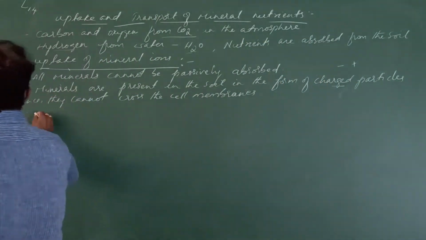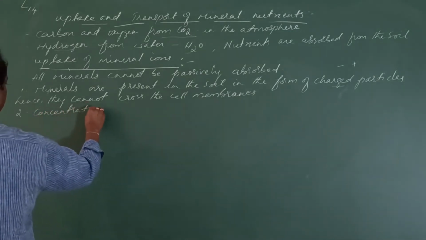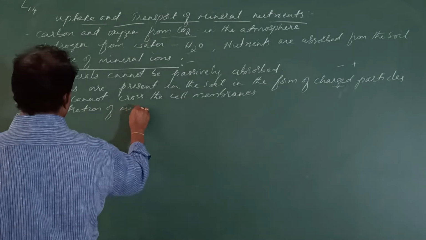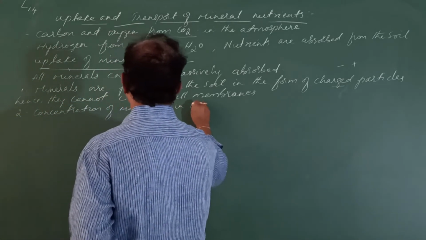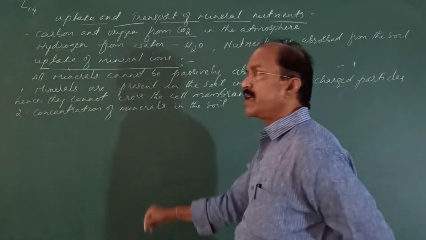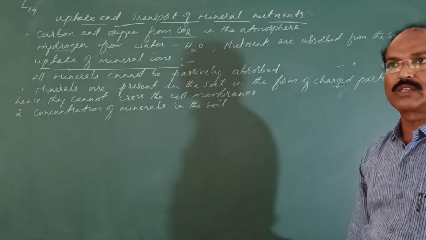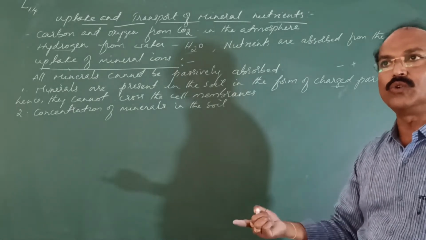Another thing is the concentration of minerals in the soil. The concentration of the minerals in the soil is lower than the concentration of minerals that is present in the root cell.